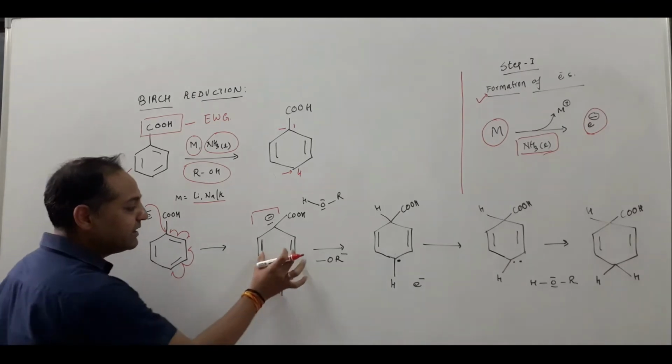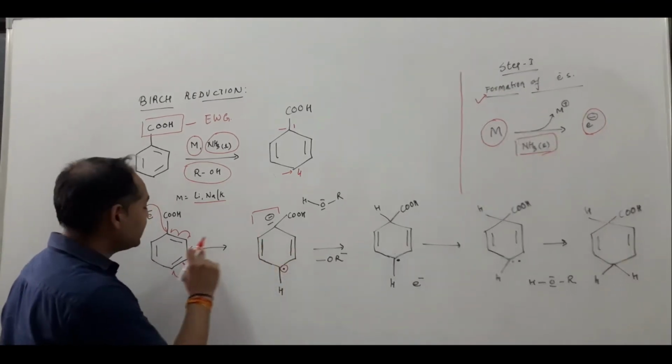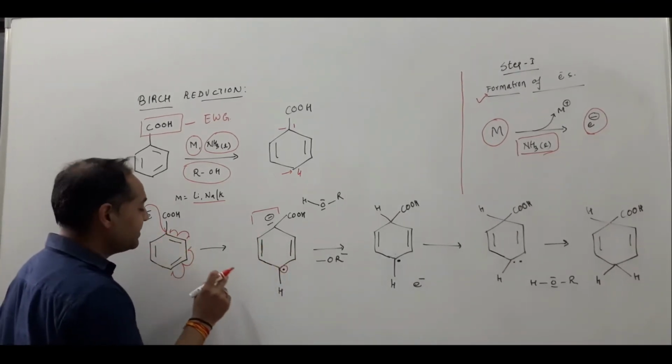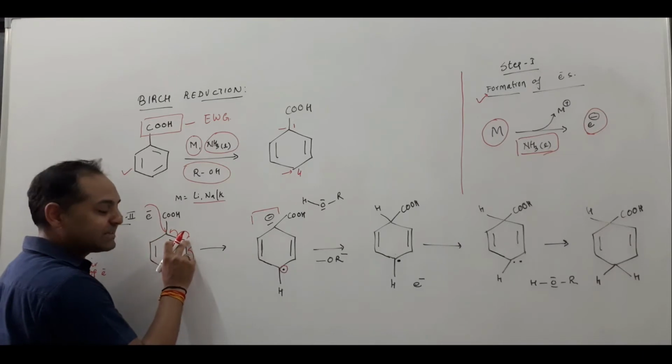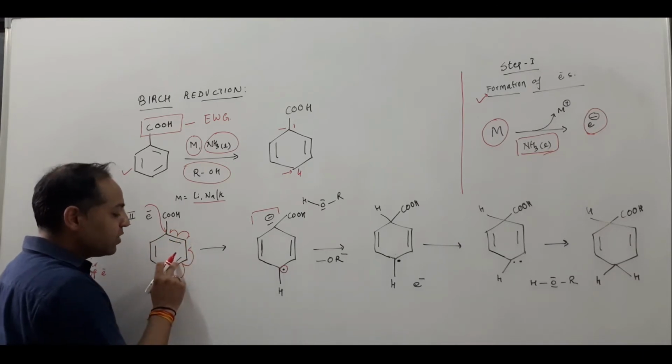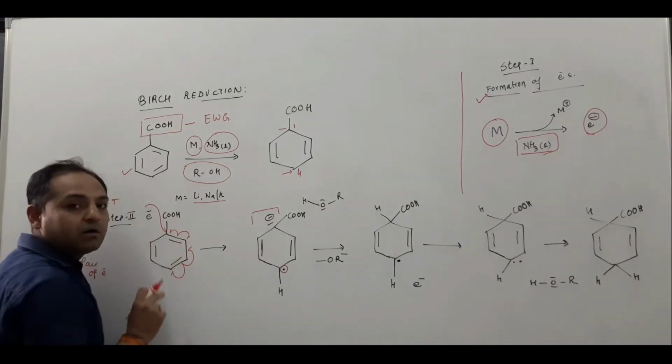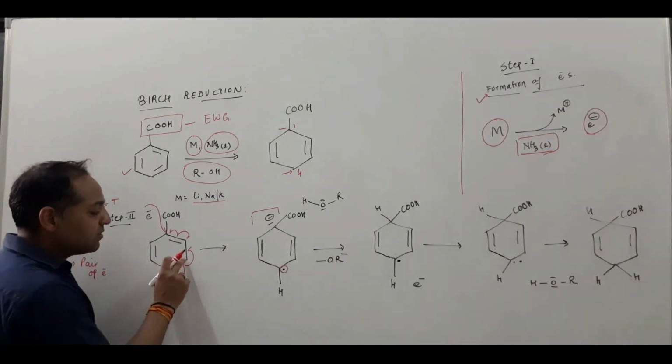Okay, and here the double bond is transformed from this to this position, because one electron is shifted from this pi bond to the second position, and one electron by homolytic cleavage is shifted from this pi bond to these positions.